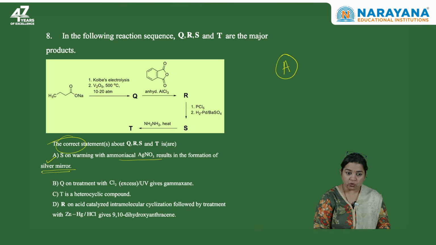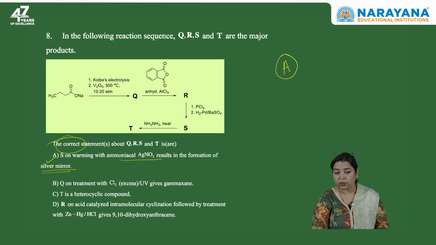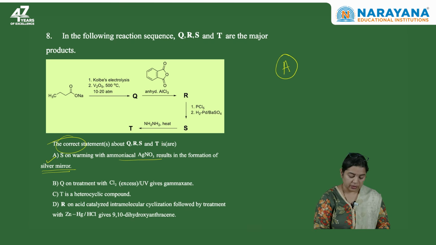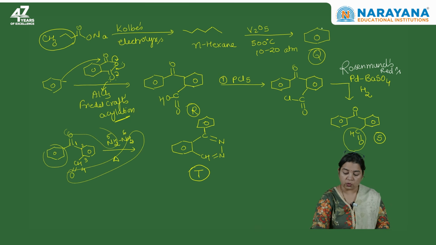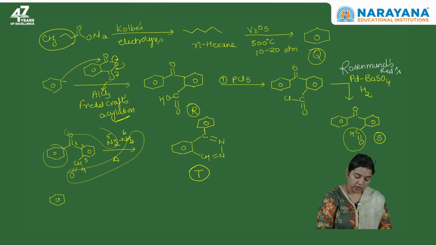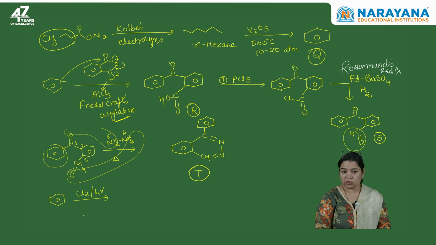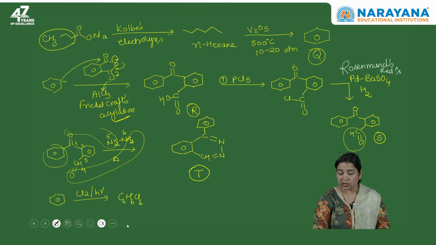Okay, moving to B. Q, on treatment with excess chlorine in the presence of ultraviolet light, gives gammexane. Let us check what Q was. Q is benzene, and true, very true. Benzene on treating with excess of chlorine and UV forms C6H6Cl6, which has 9 different isomers.